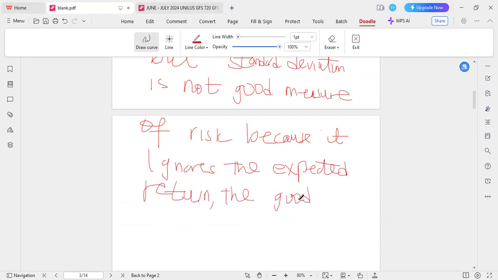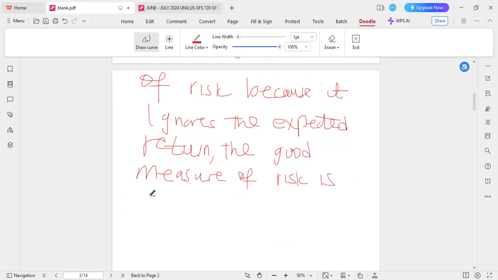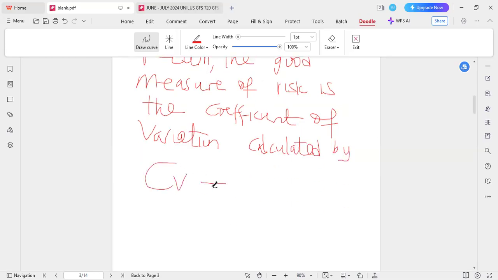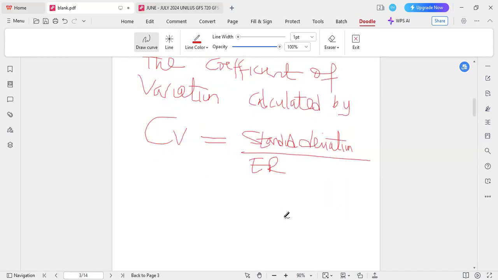The good measure of risk is the coefficient of variation, calculated by coefficient of variation is equal to standard deviation over expected return.